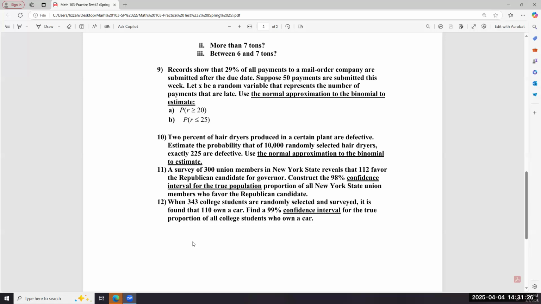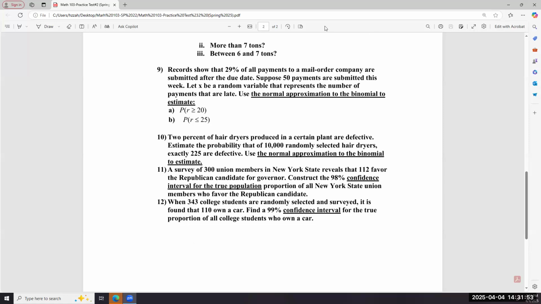So you must have a very good calculator if you want to do it by the binomial case. But of course, they ask for the normal approximation. This time you want exactly 225 to be defective. This is type 2. The type 1 was just using inequality.